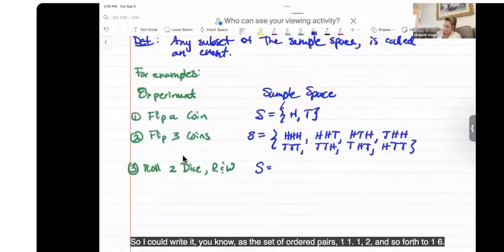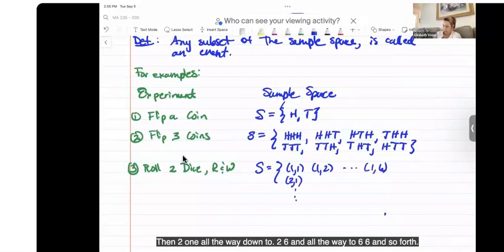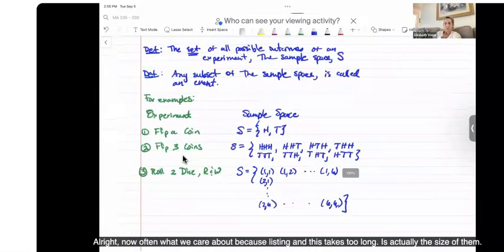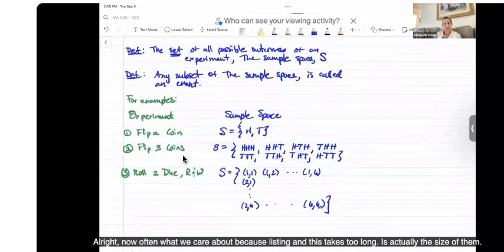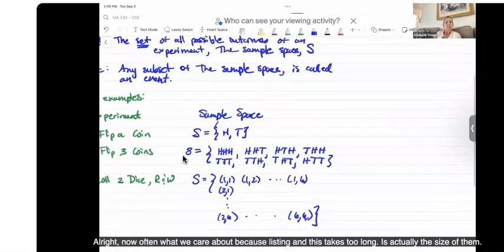So I could write it as this set of ordered pairs: (1,1), (1,2), and so forth to (1,6), then (2,1), all the way down to (2,6), and all the way to (6,6), and so forth. Right? Now, often what we care about, because listing them takes too long, is actually the size of them.